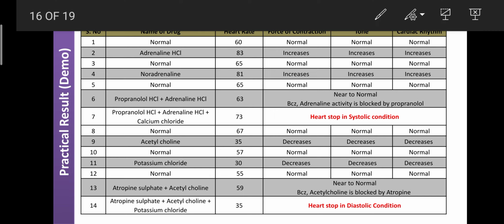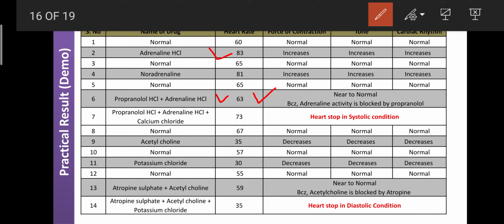Then administer propranolol, wait for 5 minutes and administer the adrenaline. Adrenaline alone shows 83, but in the presence of propranolol the heart rate is only 63. The responses regarding force of contraction, tone and cardiac rhythm are near normal.